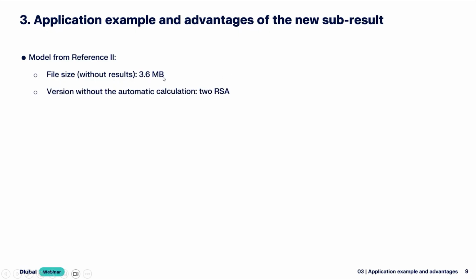Sub-result refers to the selection in the response spectrum. The base size of the file is 3.6 megabytes. We did a version without the automatic calculation, so we need 2 RSA, which means that in the results we are going to have more data.